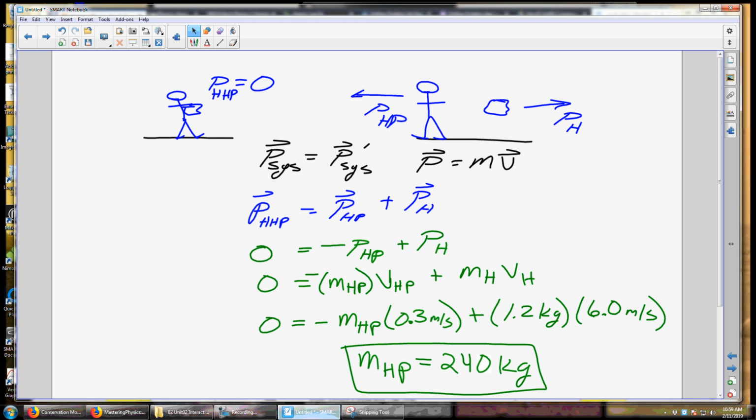And the way I did that is I looked at my velocities, and my velocity of my helmet is 20 times the velocity of my player. So the inertia of the player must be 20 times as great as the inertia of the helmet. Hope I'm right.